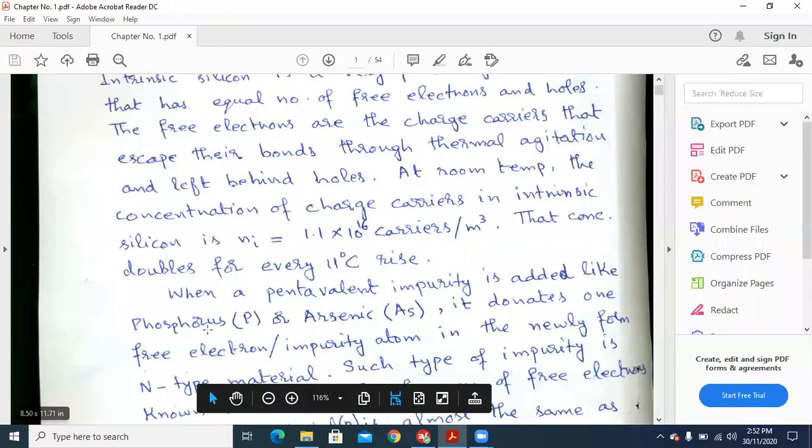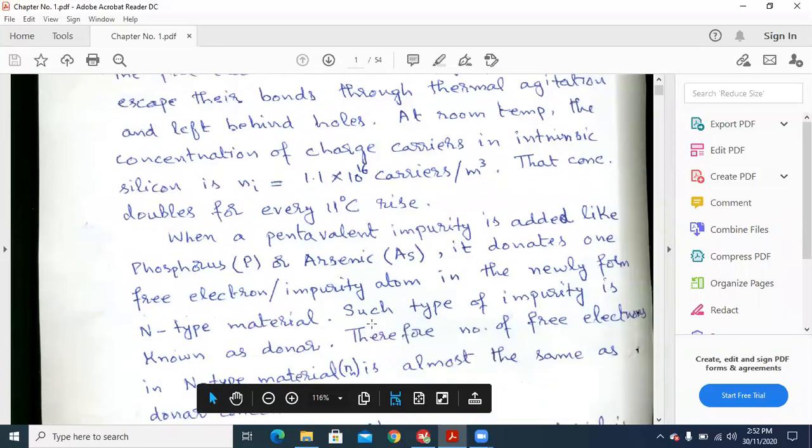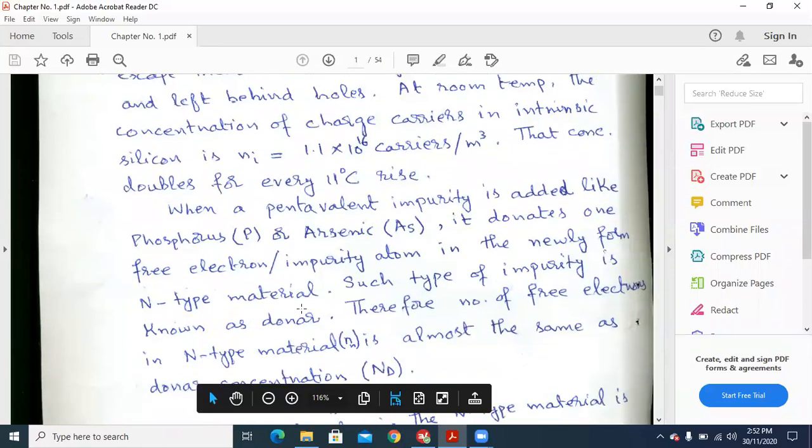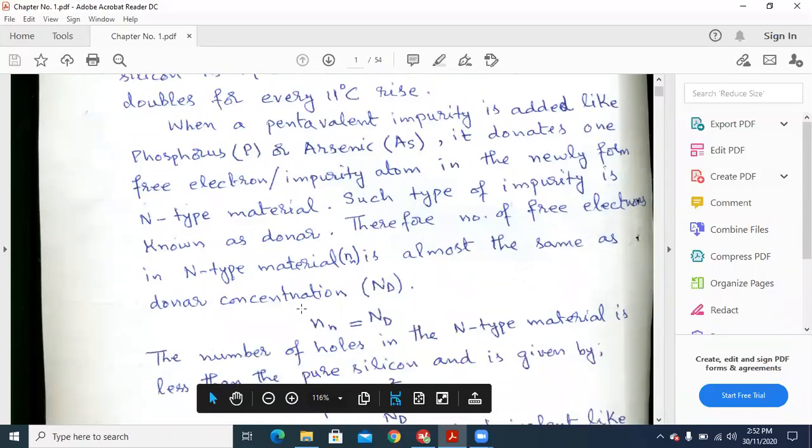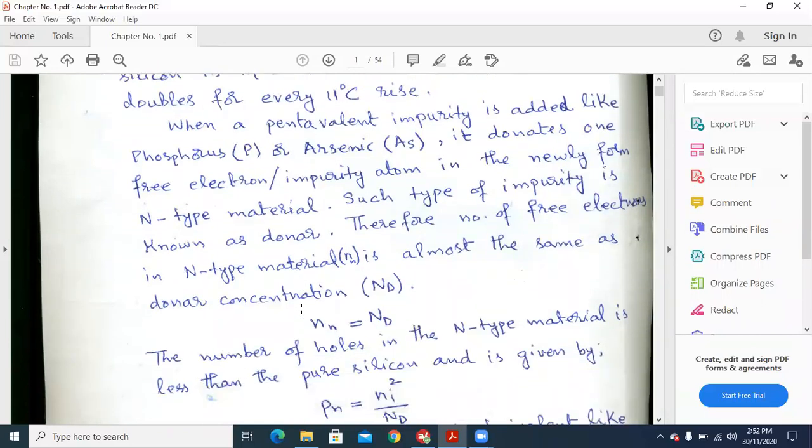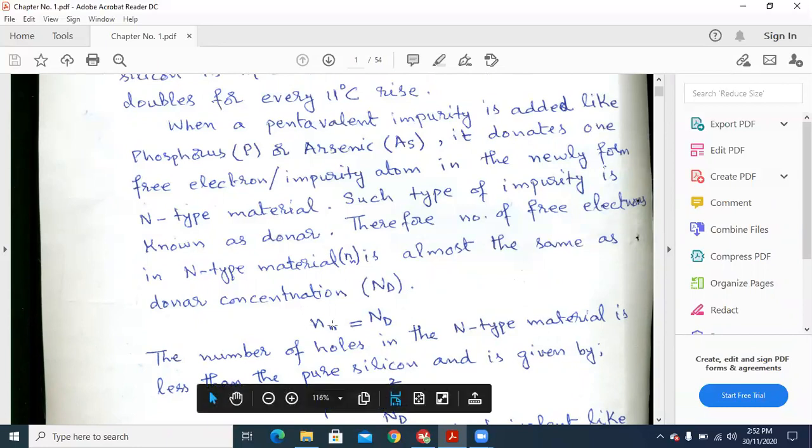The pentavalent impurities are phosphorus and arsenic. They have 5 electrons in the outermost shell, and they form the N-type material. The concentration of free electrons in the N-type material is equal to the number of impurity atoms added into the intrinsic silicon, which is Nd.